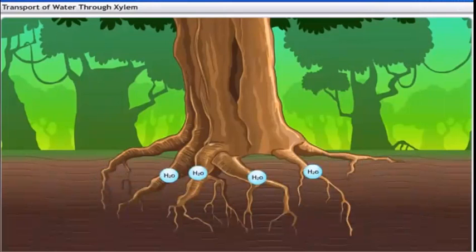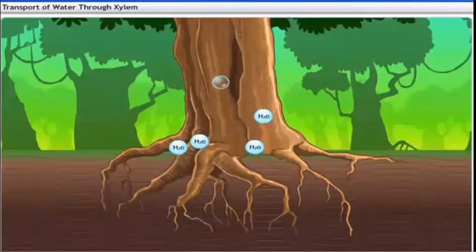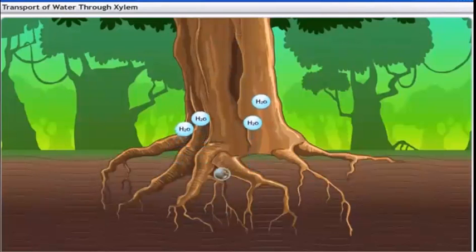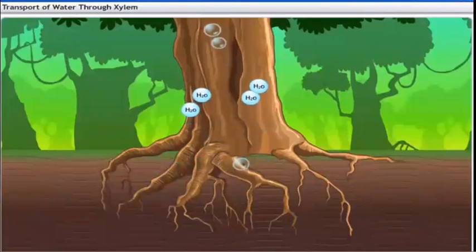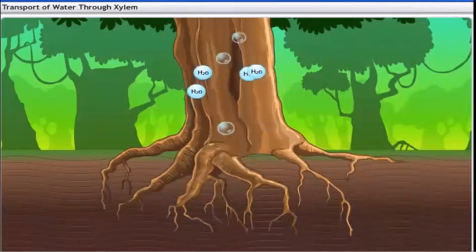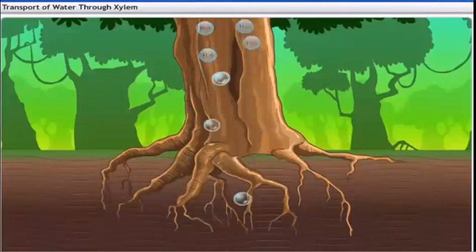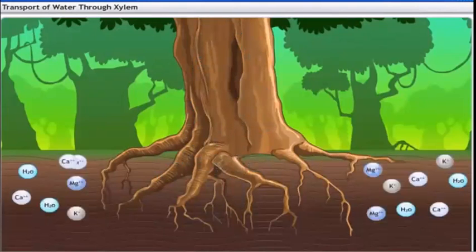This process is known as osmosis. This ensures a steady movement of water into the roots, creating a water column that is pushed upwards. However, this pressure is not enough to move this water to the higher parts of a tall tree.